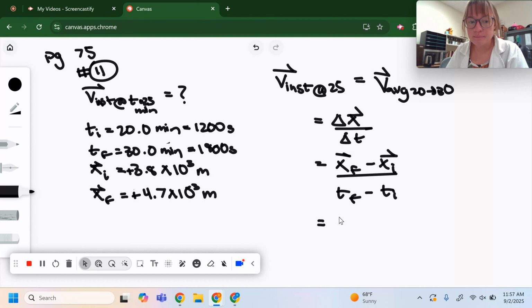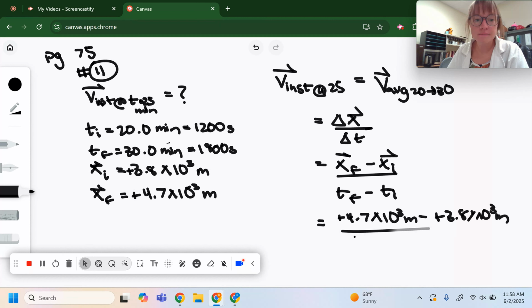My final position is positive 4.7 times 10 to the third meters. My initial position is positive 3.8 times 10 to the third meters. All over my final time, which is 1,800 seconds, minus 1,200 seconds, that's my initial time.